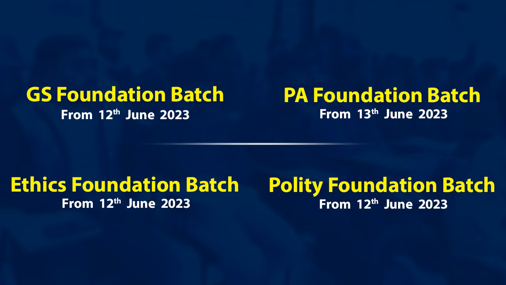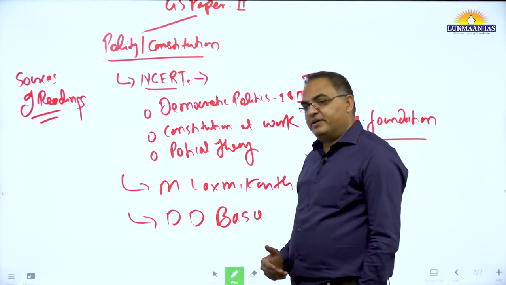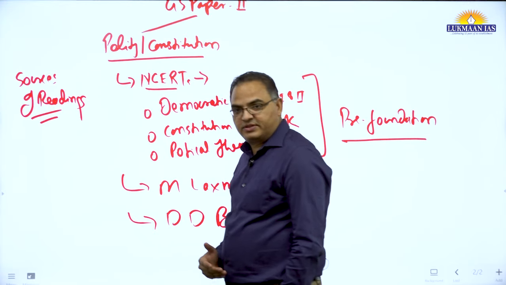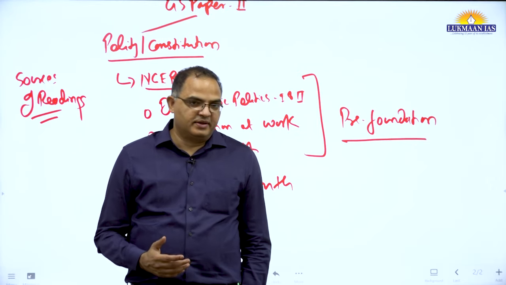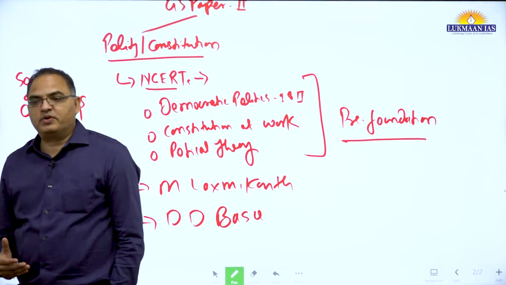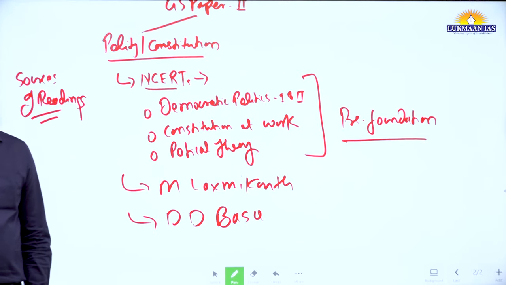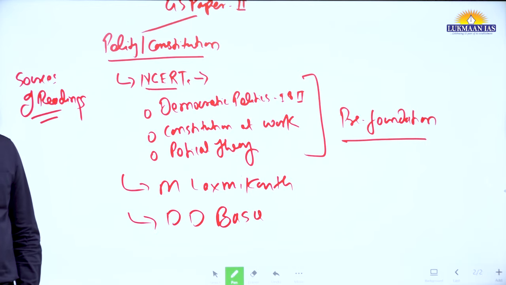But the challenge is that it is a difficult book to understand. Given the nature of polity now, since 2020, 21 or 23, if any book can help you better, it is DD Basu, not Lakshmikant.